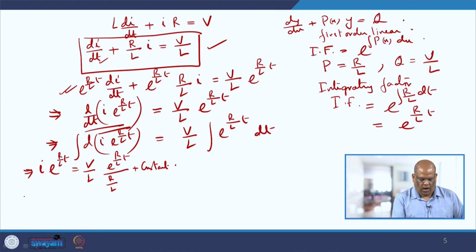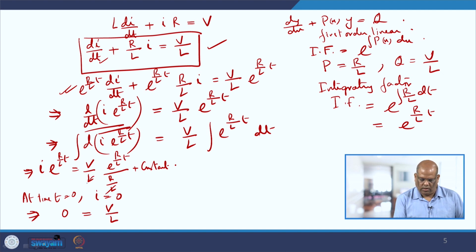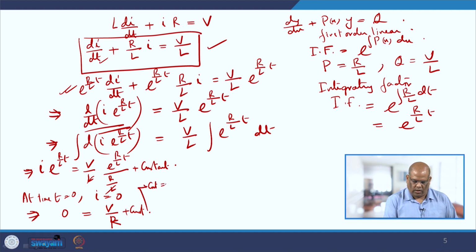If we take at time t equal to 0, there is no current, so I equal to 0, and this implies 0 equal to V by L, this cancels, so V by R plus constant. So basically your constant is equal to minus V by R.